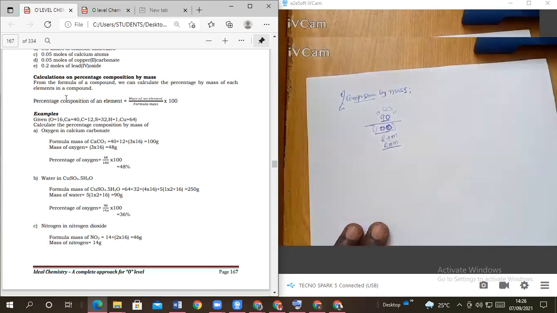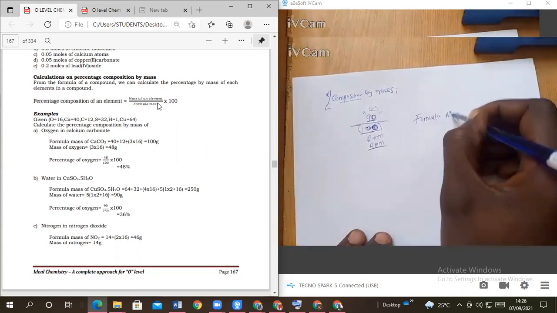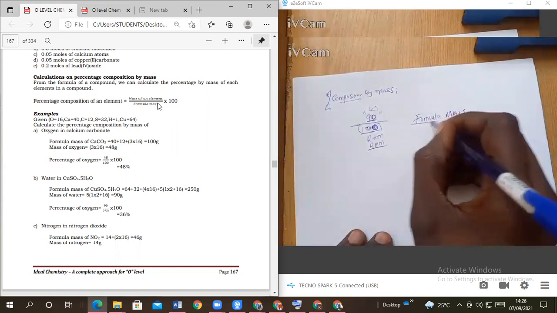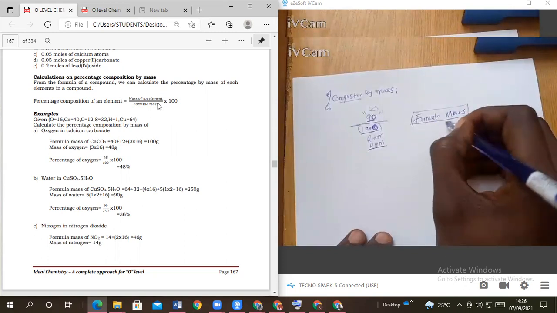So what they mean by percentage composition is, from the formula of the compound, we can calculate the percentage of mass of each of the elements in the compound. So percentage composition of an element is mass of that element out of the formula mass. Important word is the formula mass. If you cannot come up with the relative formula mass of a substance, then this number is going to disturb you.